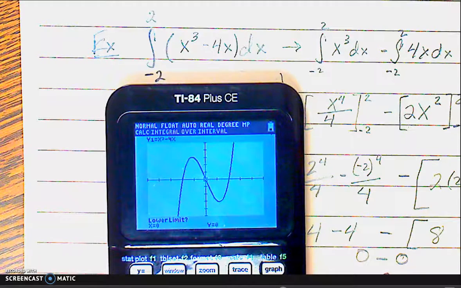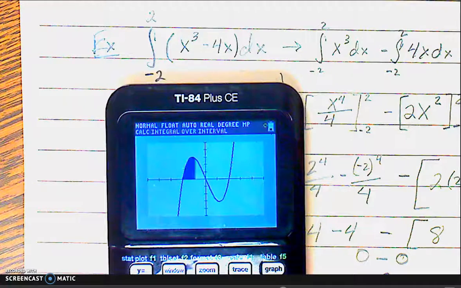Once you hit that, it's asking for your lower limit of integration. What is our lower limit? Negative 2. Our upper limit of integration? 2. And now this is probably one of the best parts of the class. Once you hit enter here, we get to see where that shades in. Now we can see we were correct when we did our calculus work.